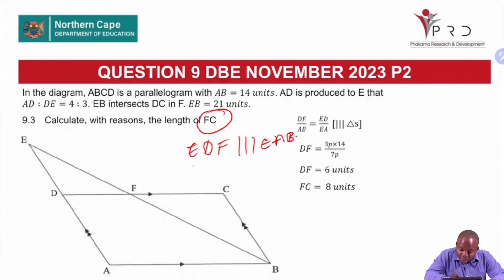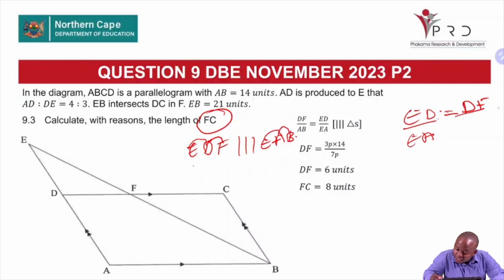E goes with that, we have ED. So ED over EA is equal to DF over AB.